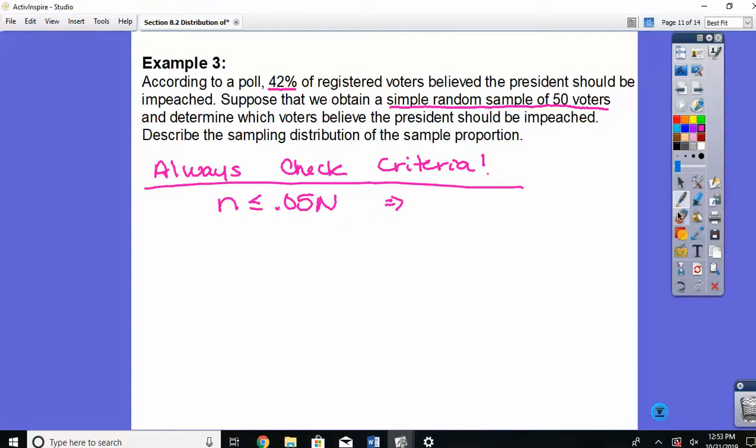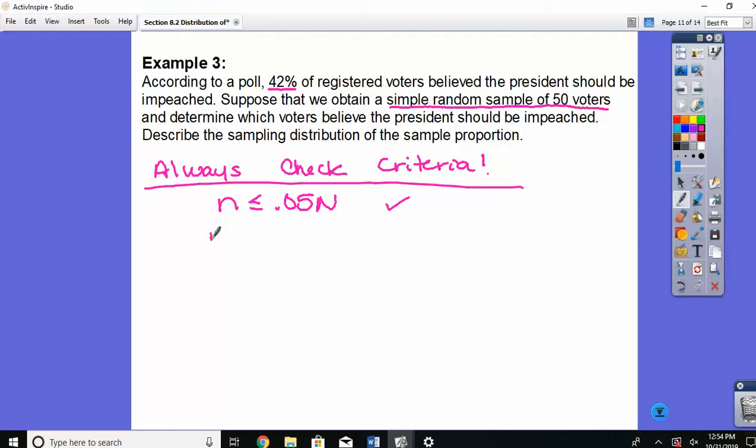I didn't tell you how many registered voters there are, but we can assume, even if it was exactly 5%, then you're still talking not very many people. There's definitely a much larger group than that. So we can assume that 50 is less than 5% of all registered voters. There's really not a lot to check there. You just need to tell me that it is so I know that you've looked at it.